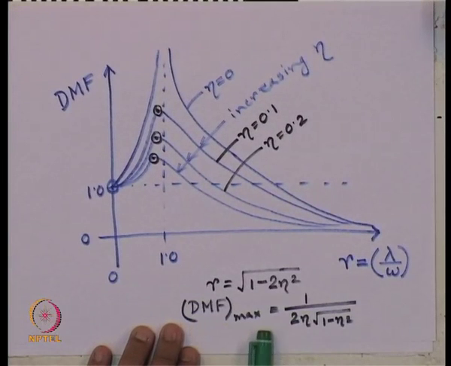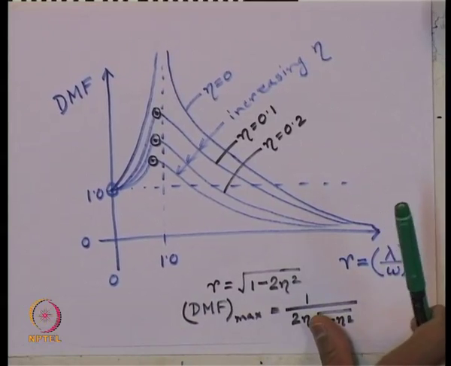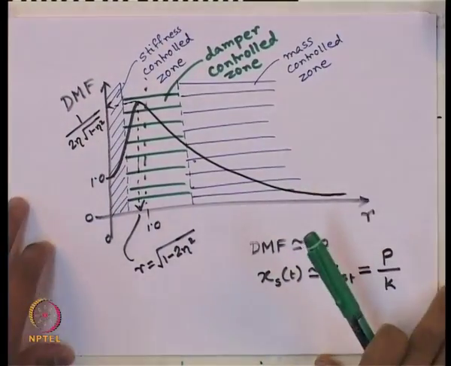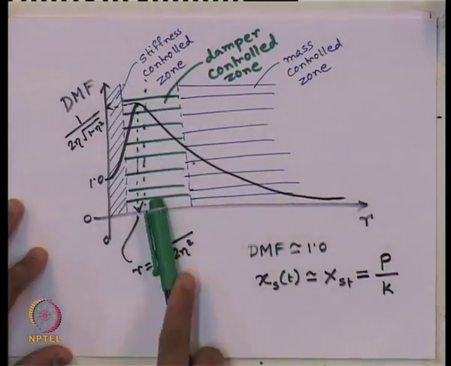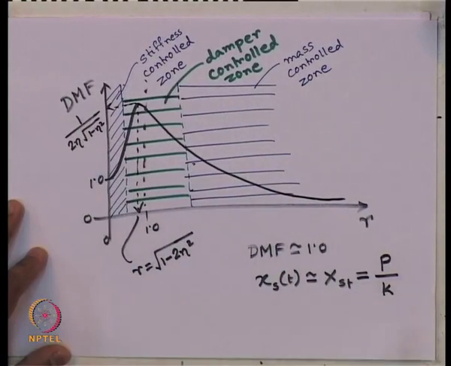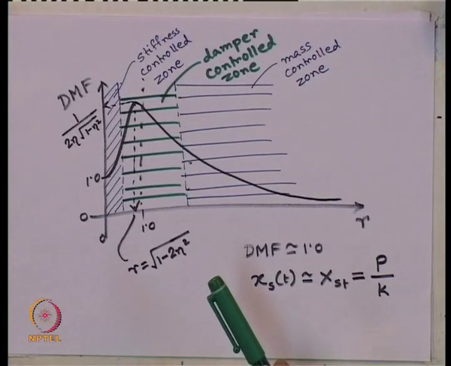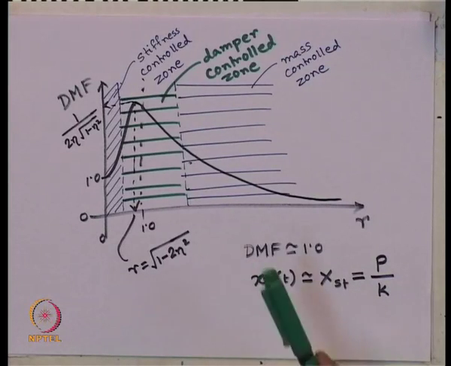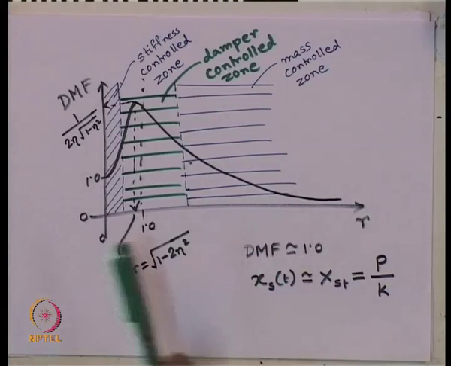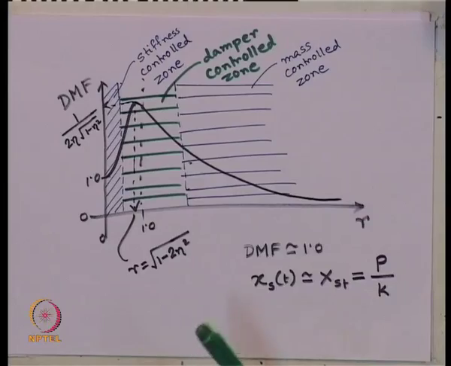That is why DMF max is a function of your damping ratio only. So, these are the basic 3 regions, which are called the stiffness control zone, damper control zone and mass control zone in the variation of DMF versus R. Later on we will see, when we take up the actual design of machine foundation, how by controlling these 3 we can get a better response.